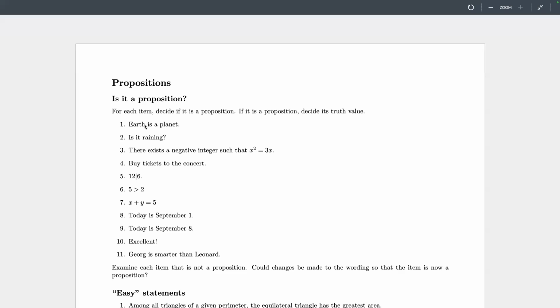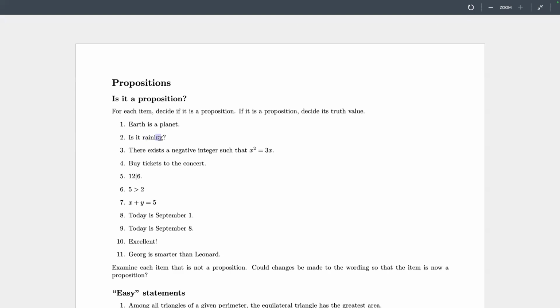All right. What's number one? Is it a proposition? Yes. What's the truth value? What about number two? Is it a proposition? Could we make a change to make it a proposition? Yes. It is raining. Yeah. And if we did that, what's the truth value?